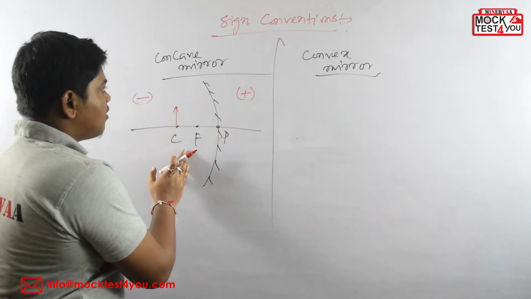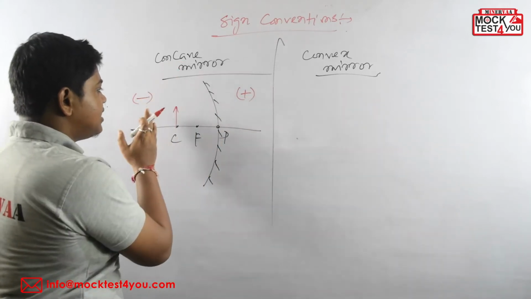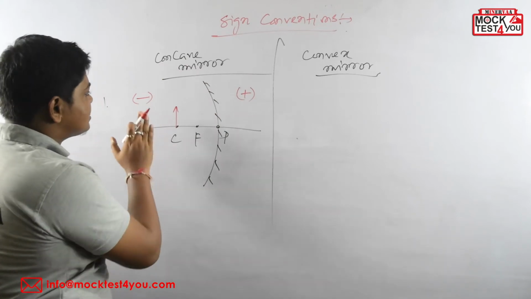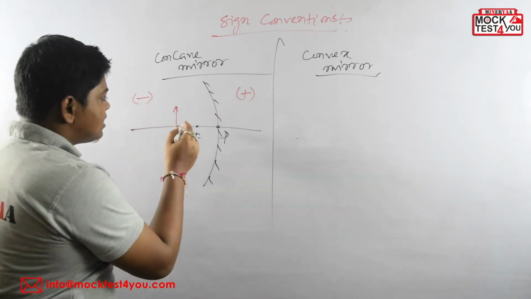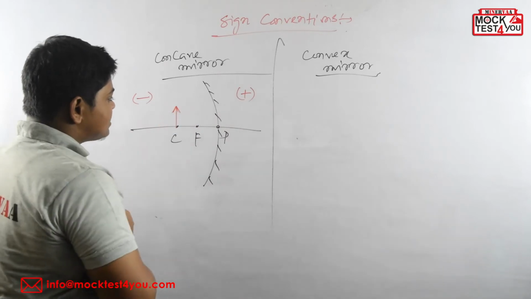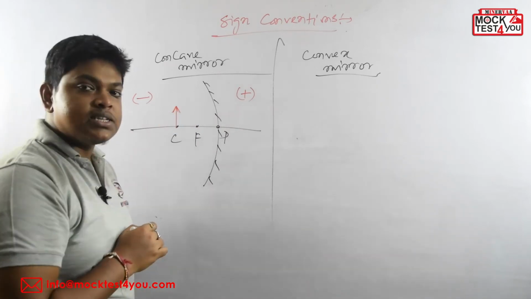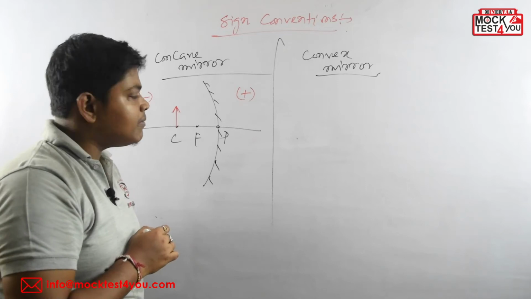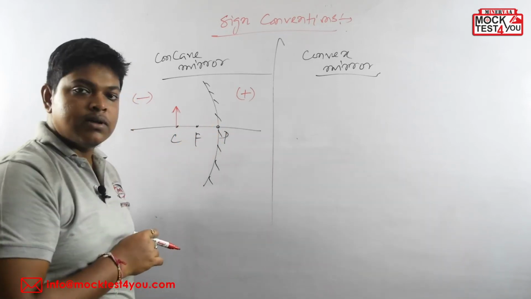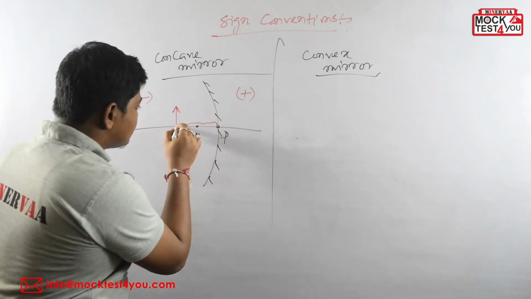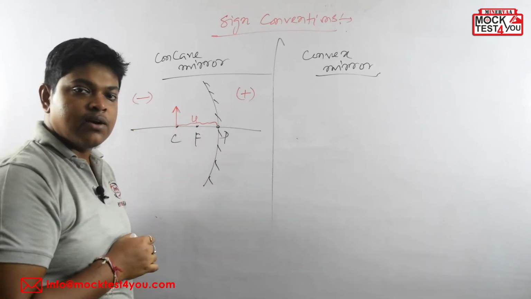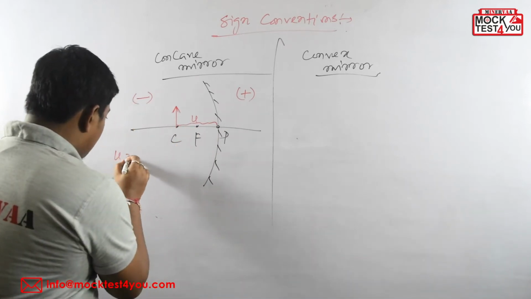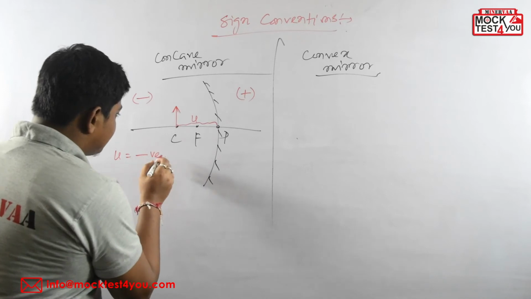If the image is formed in the case of concave mirror on the left side, then all of the distances are taken as negative. That means when the object is placed at the center of curvature, the object distance will be measured with respect to the pole, right? So this should be the object distance, and I can write down that the object distance should be negative.